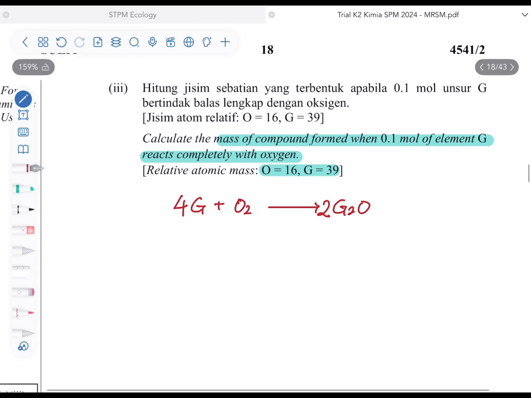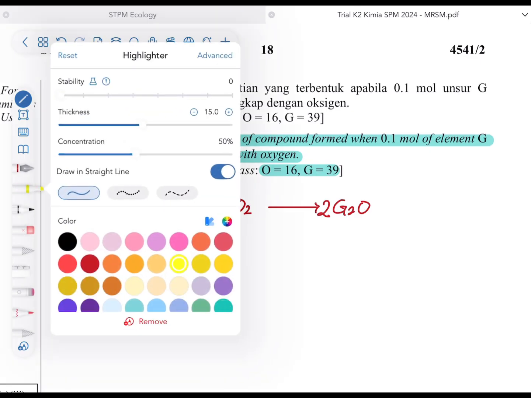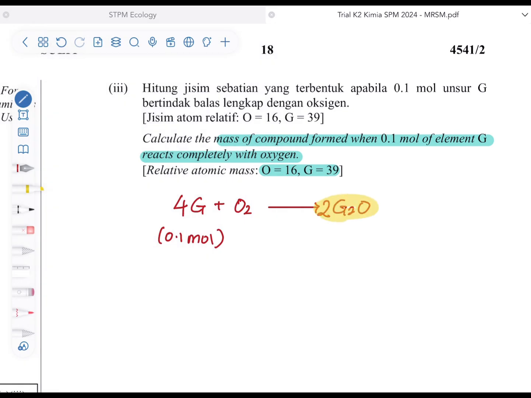Based on the question, when 0.1 mole of the G element reacts completely with the oxygen, what will be the mass of the compound formed? So we want to calculate the mass of the compound, which is G2O.